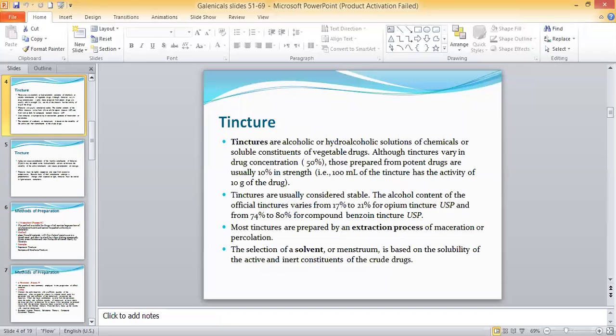So these tinctures have different concentrations. It could be 50% or it could be 10%.